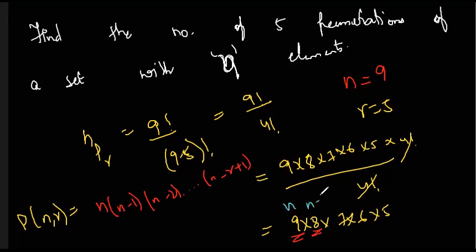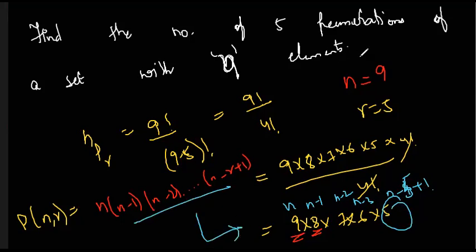This is your n, n minus 1, n minus 2, n minus 3, n minus 4 plus 1. Okay, n is 9, 9 plus 1, 10. Sorry, your r is 5, so this will be n minus 5 plus 1. So 9 plus 1, 10. 10 minus 5 will give you 5.